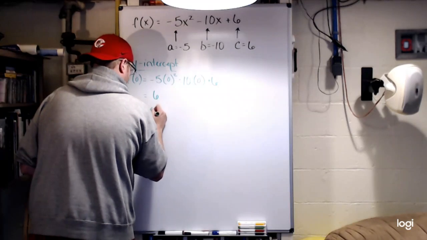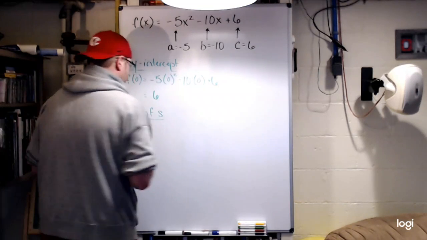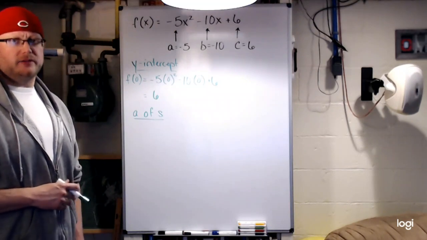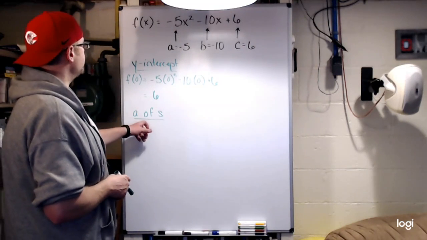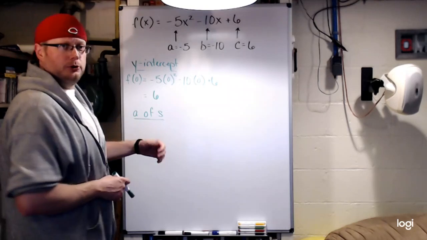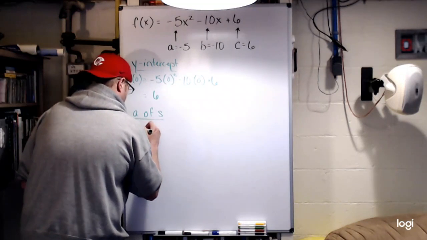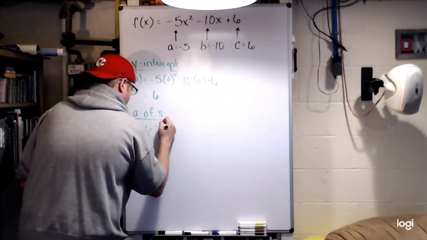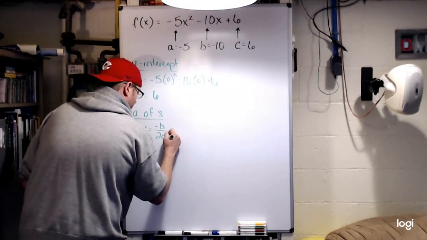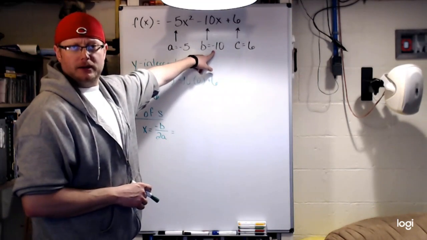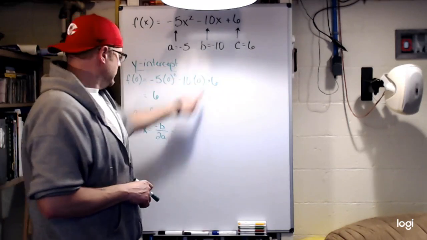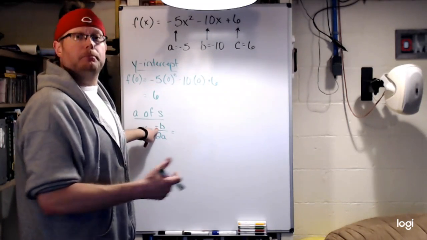Your axis of symmetry, remember I said you can just abbreviate it as AoS, make it easy on yourself. To figure out your axis of symmetry, you use our formula. x equals negative b divided by 2 times a. Well, if b is negative 10 in this case, then negative b will be positive 10.